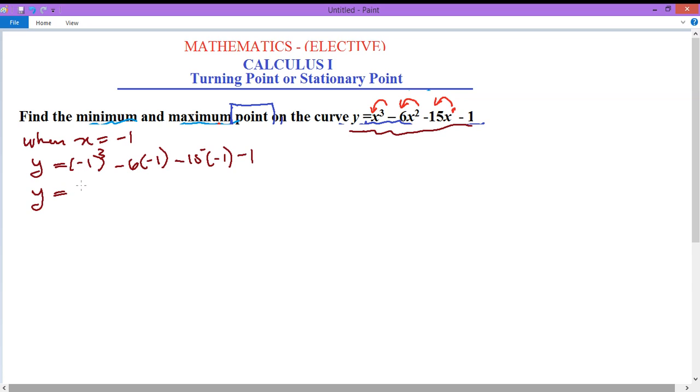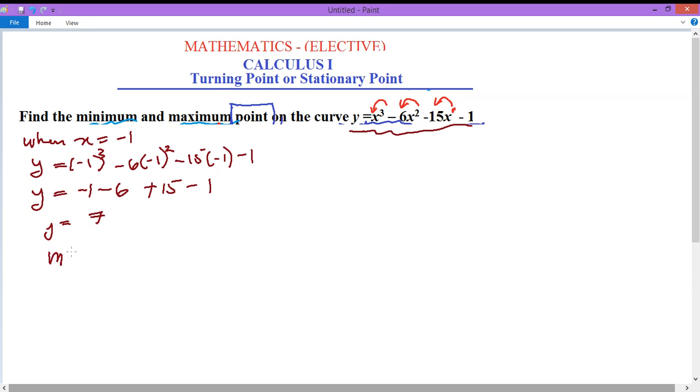Let me take my time step by step. This one will still give us -1. Sorry, there's a square here, 6x squared. So here will still be -6, because this becomes positive 1 times -6. So -6. Here becomes positive 15 minus 1. And working further, we're going to have positive 7.